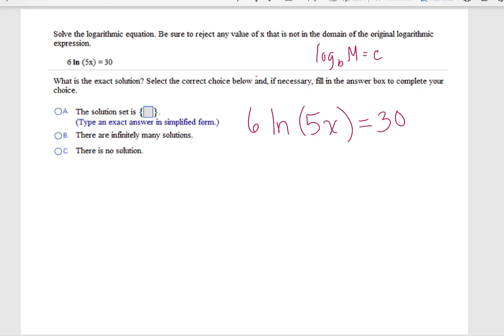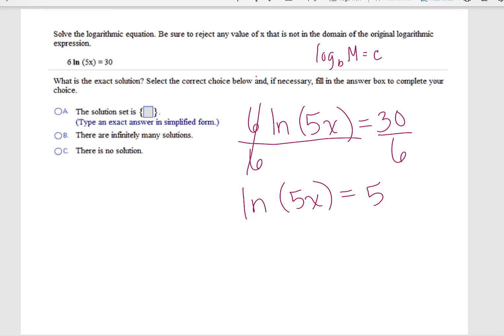So I need to get rid of this 6 so that I can convert it to exponential form with the circle that I've been using. But first I gotta get rid of this 6 that's hanging on the outside. So now I just have natural log of 5x equals 5.